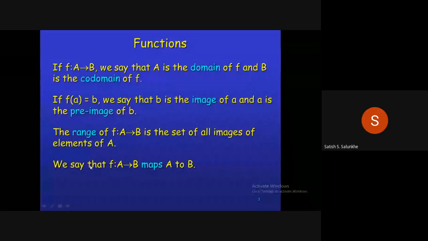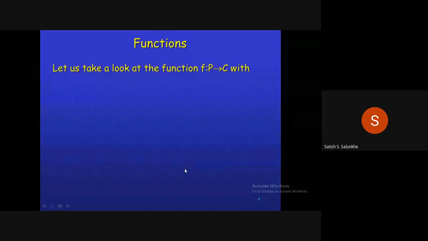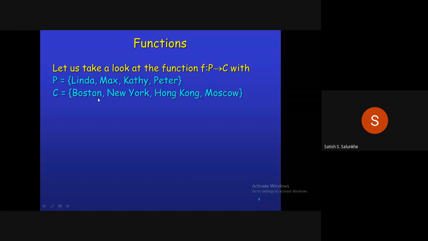So we say that function f maps A to B. Now let us look at the function from P to C with some example. P is this and C is this.